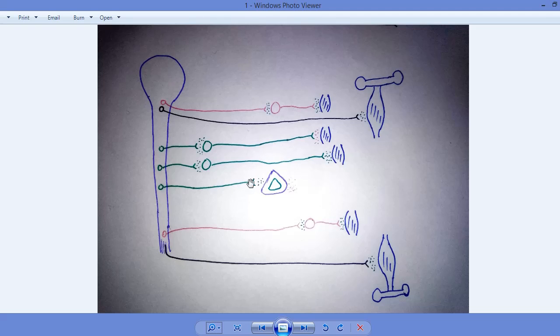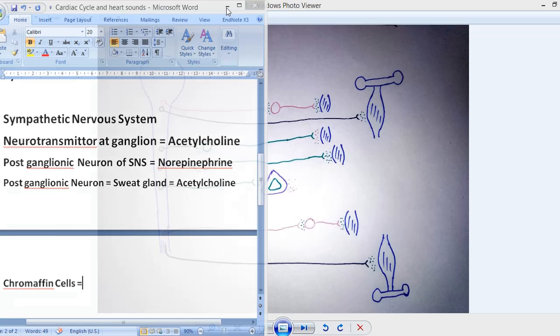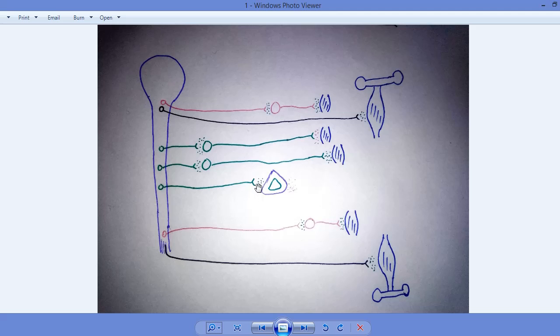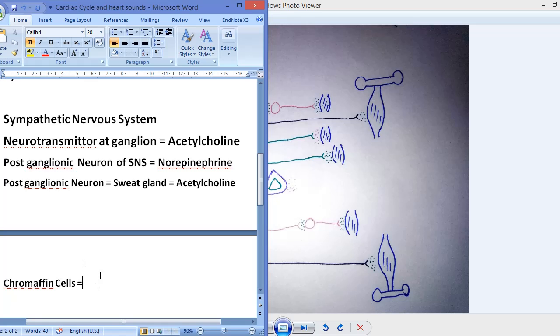And over here again, as I have told you, in all ganglia the neurotransmitter secreted will be acetylcholine. The acetylcholine will be secreted by the preganglionic neuron to activate the chromaffin cells.